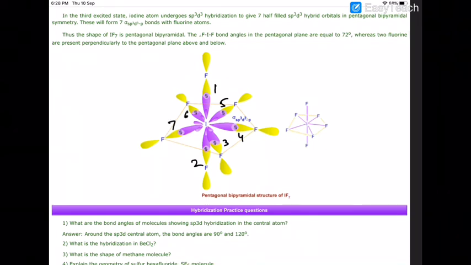These 7 sigma bonds are formed between 7 hybrid lobes of iodine and 7 p orbitals of 7 different fluorine atoms to give you this type of shape. This is pentagonal bipyramidal. Are you sure about that?